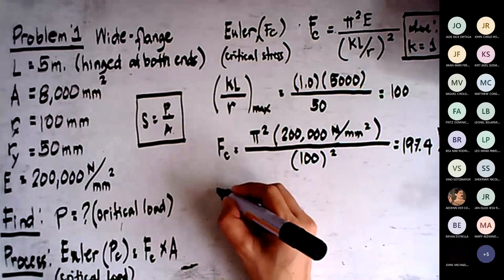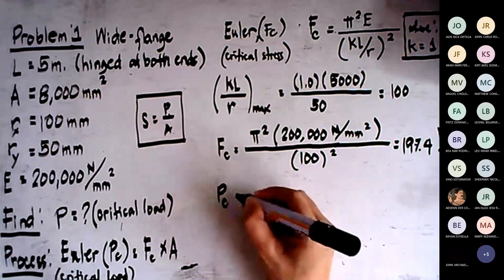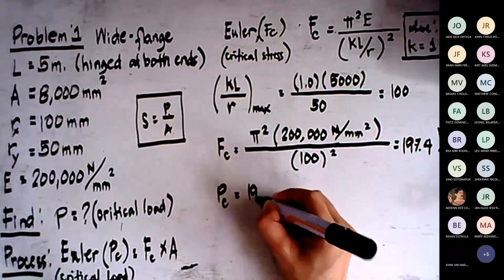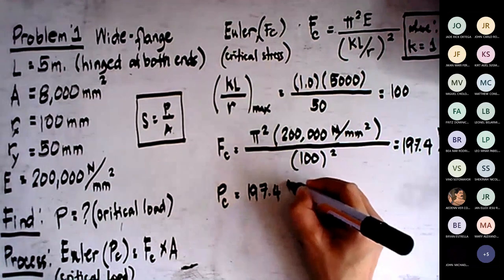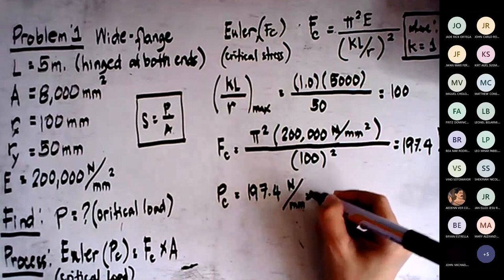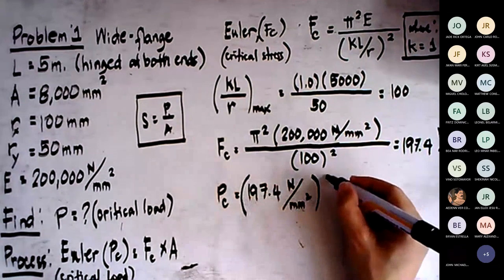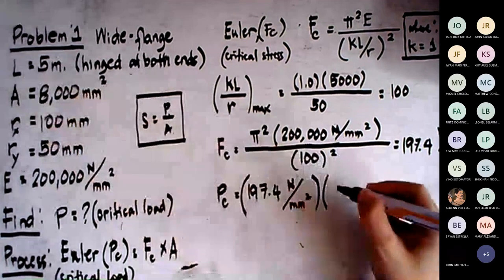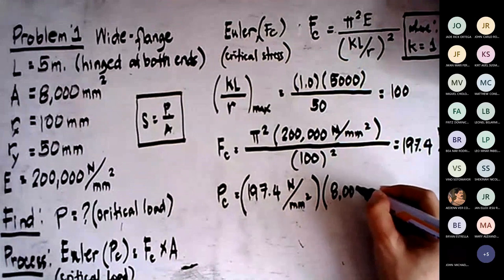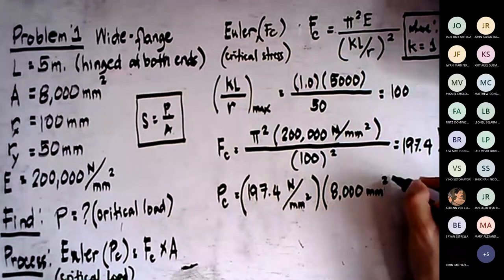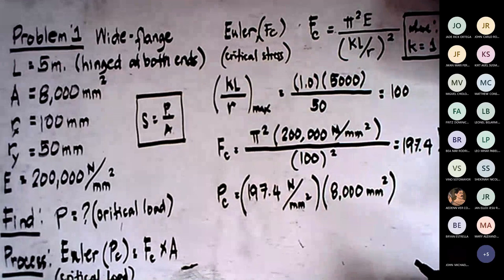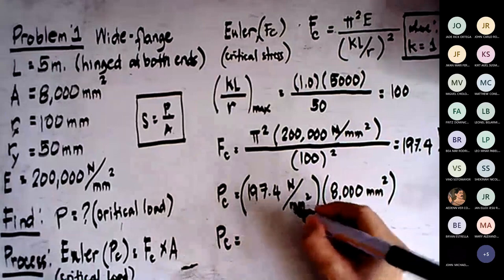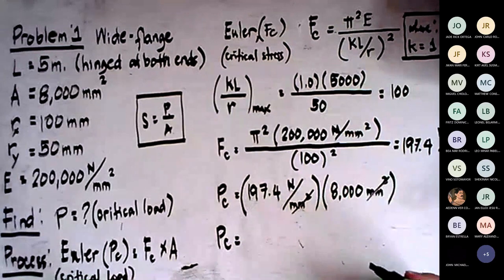So if you are going to determine P sub C, you simply multiply the critical stress, 197.4 Newton per millimeter squared, multiplied by the area. Okay, so the area is 8,000 square millimeter. And that would mean we have the unit in Newton.